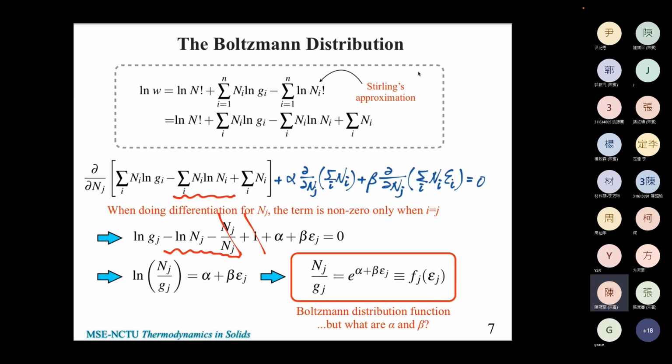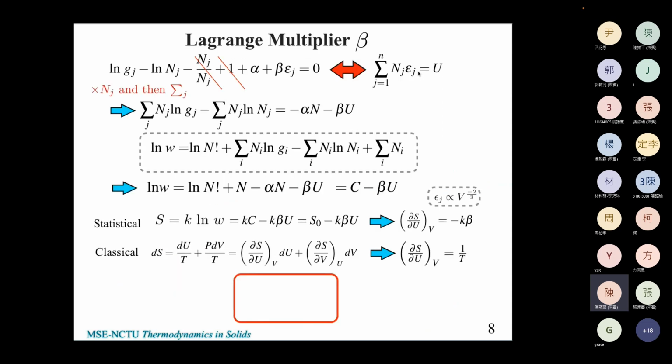Okay, so we just determined the ratio between nj and gj. It needs to be equal to exponential alpha plus beta epsilon j. If they follow this equation, it will maximize WB. So what are the Lagrange multipliers alpha and beta? It will be natural log gj minus and so on equal to 0. You can imagine this is epsilon j.